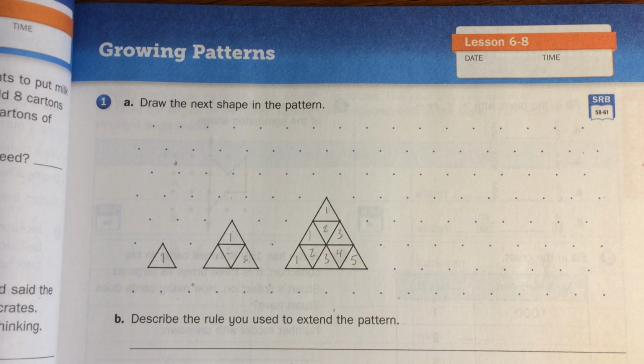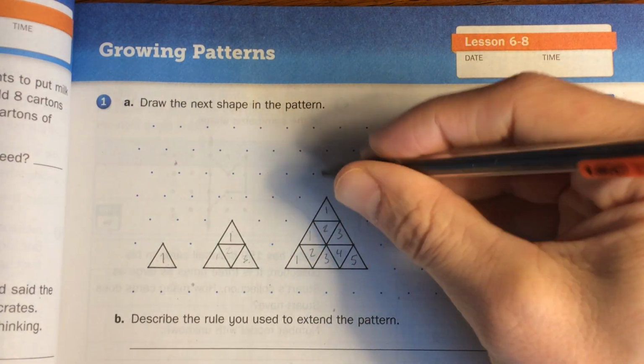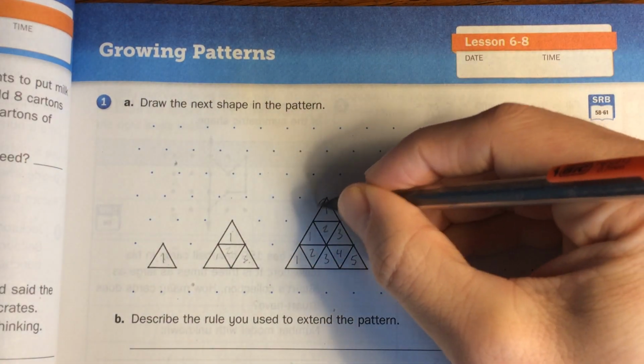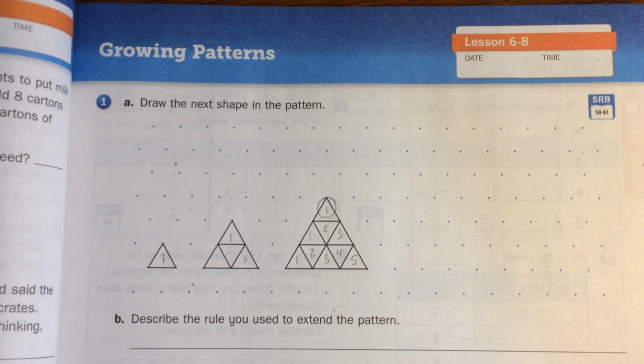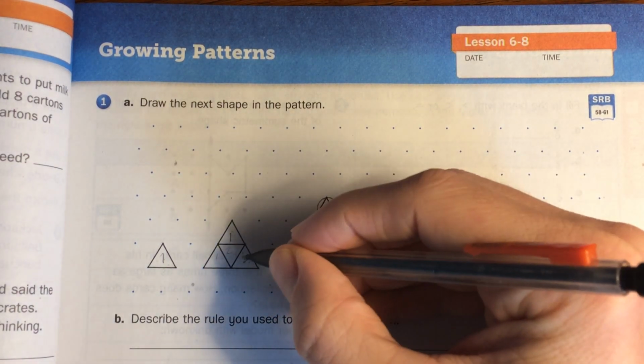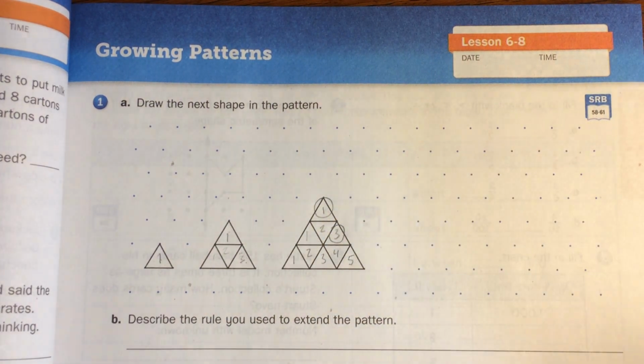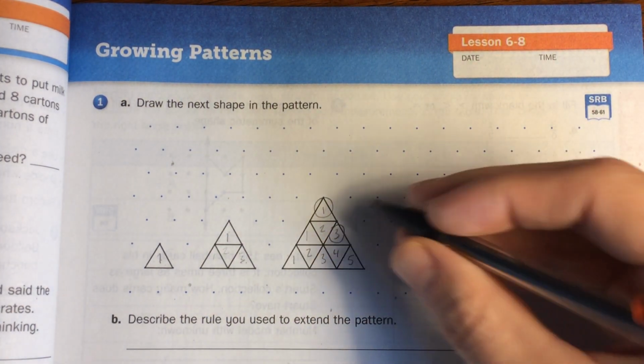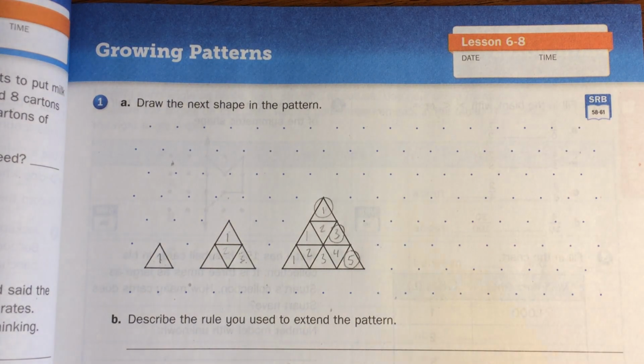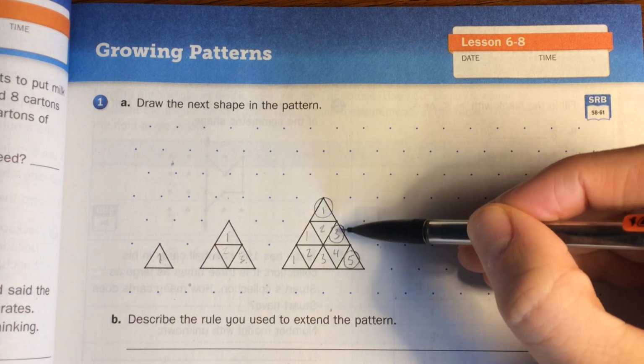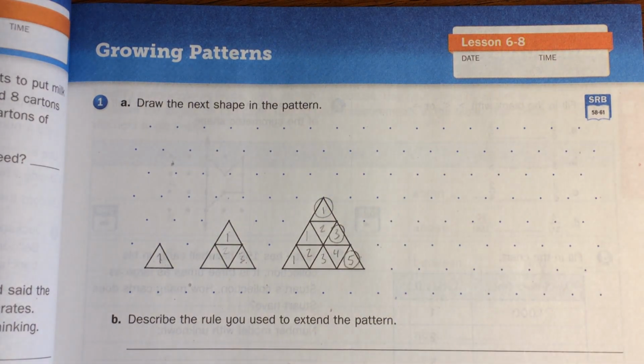So here's what I see. Our first row, very first shape, had one triangle, period. The next row, 3. The third row, 5. So what do you know about the relationship between 1, 3, and 5?